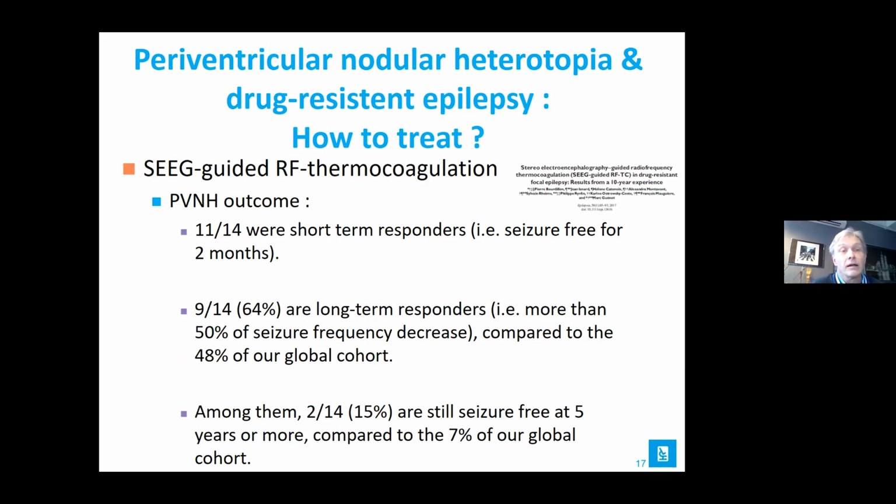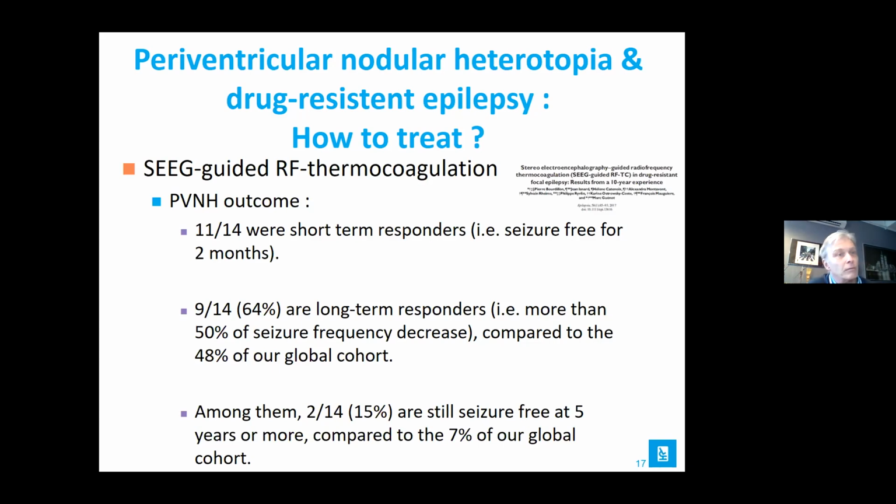Again, no doubt that it is possible to say that thermo-SEEG is more than useful in almost all our heterotopia patients. But I must say I will be a little bit less enthusiastic than for example, the Milanese group is concerning coagulation applied on heterotopia.